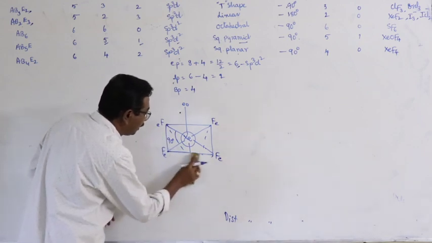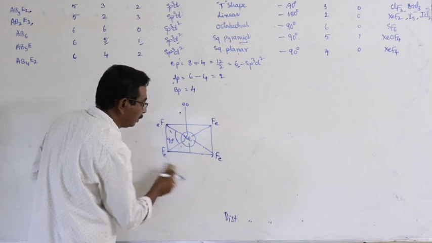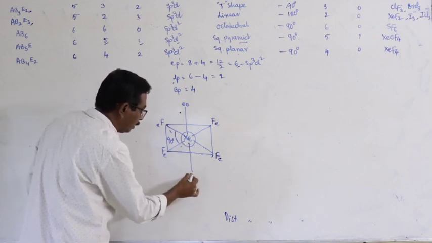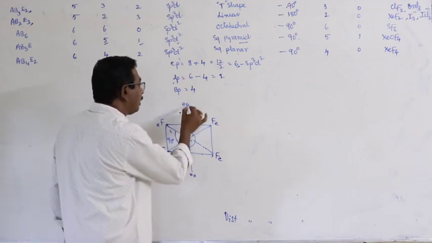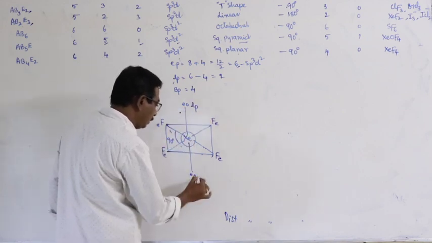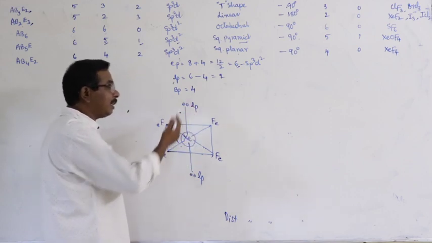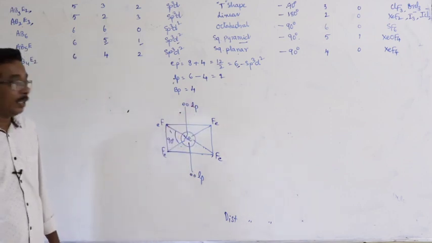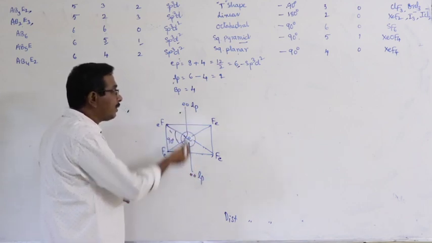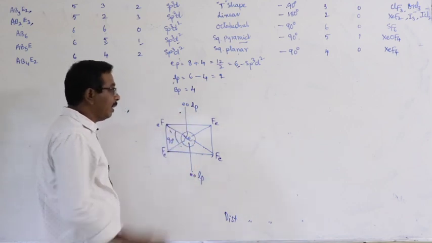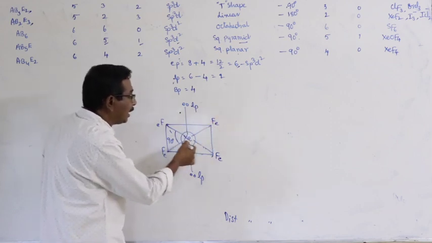You can clearly identify the difference. Here the two lone pairs are accommodated axially. Why? The repulsion between the two lone pairs is maximum. In order to avoid that problem, the two lone pairs are placed at the axial positions and the smaller fluorine atoms are arranged on the equatorial position.